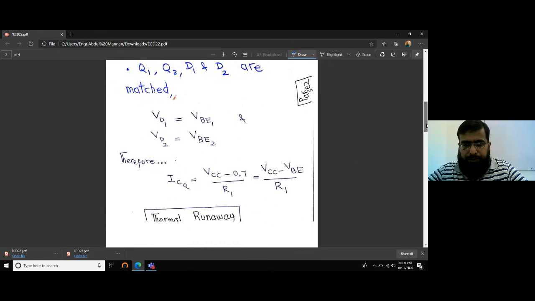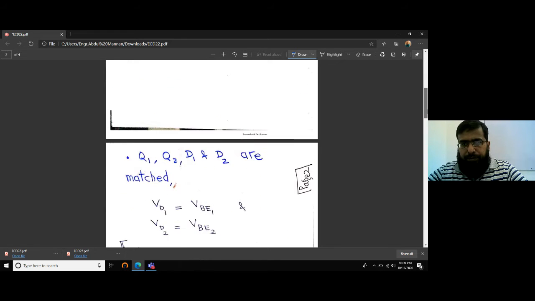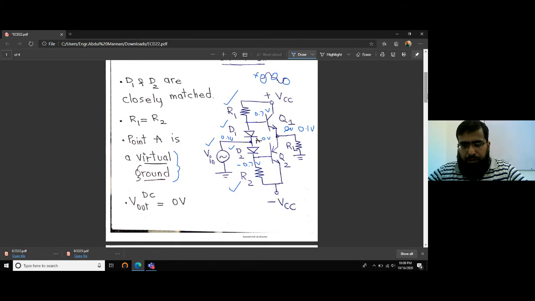What does a current mirror mean? If we just look at this part of the circuit, it is a current mirror. How is it? Let me explain. If we just look at this part of the circuit, we have this current flowing. These two diodes are matched.